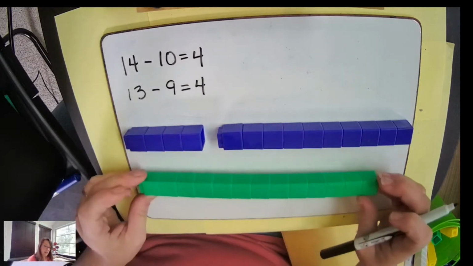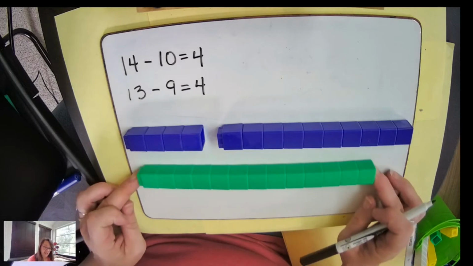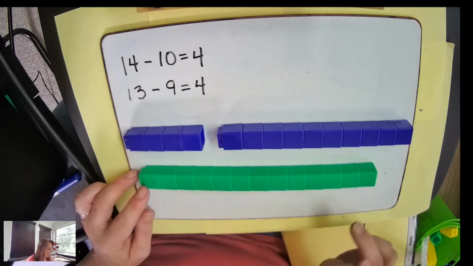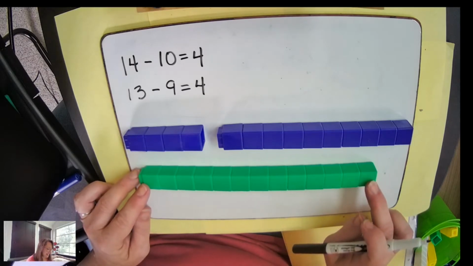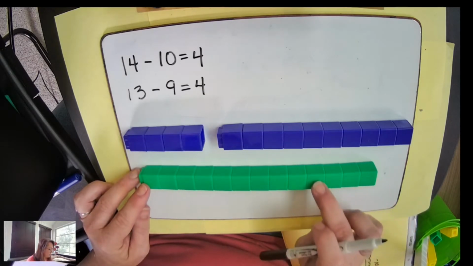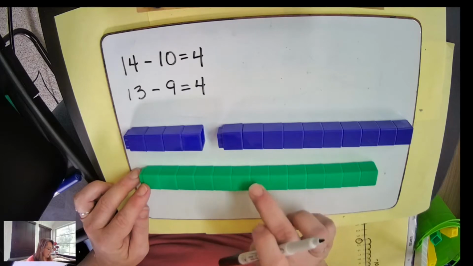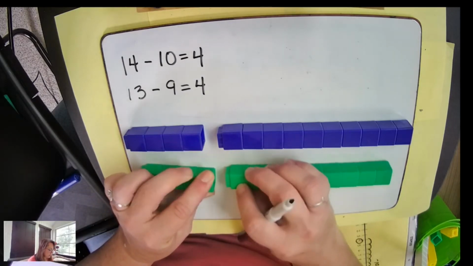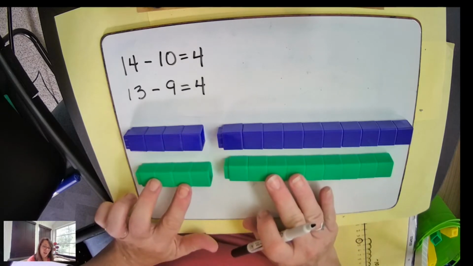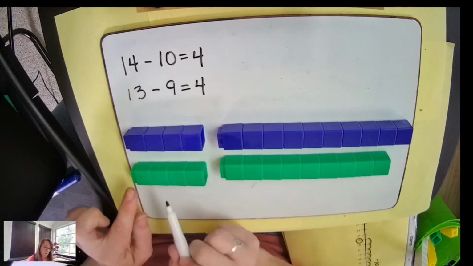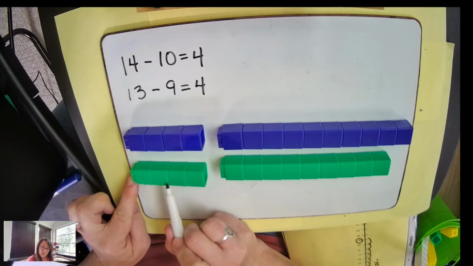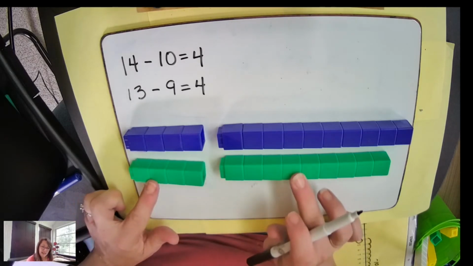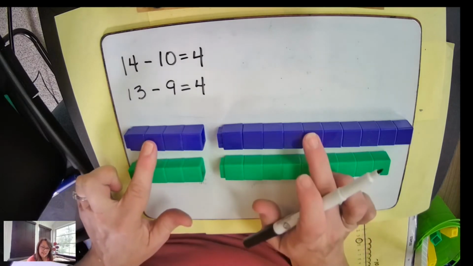So, if she had 13 of something and she removed 9, 1, 2, 3, 4, 5, 6, 7, 8, 9, then she's also left with 4. How is this the same as this?